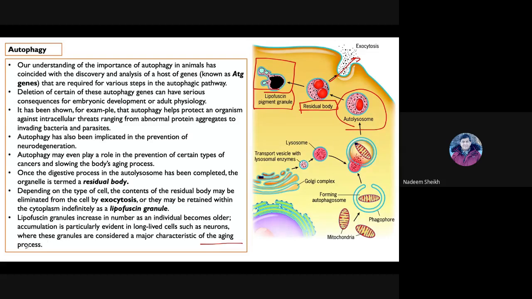Here a common example is given that newborn babies have fair skin, but as the age increases and it leads towards old age, the skin tone is going to get darker and darker.